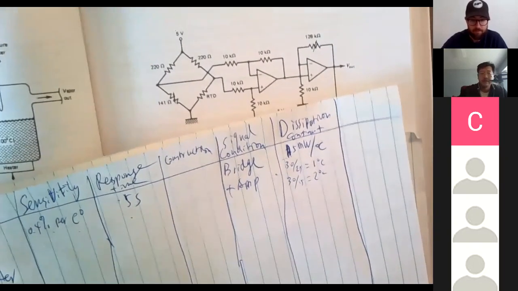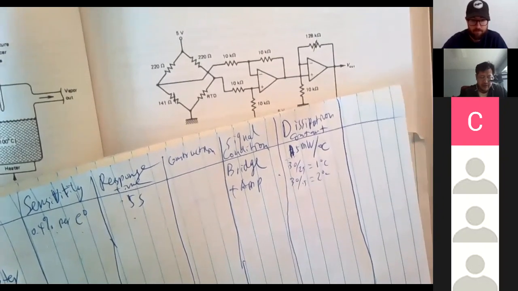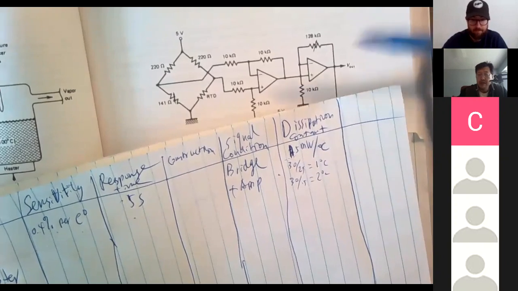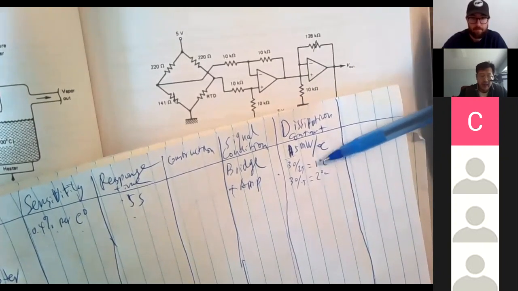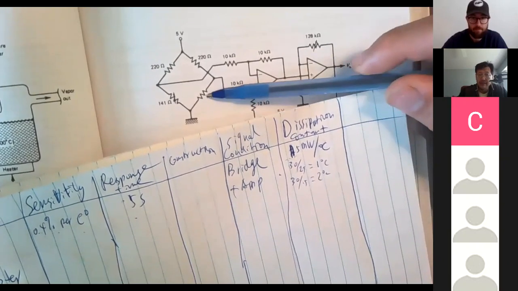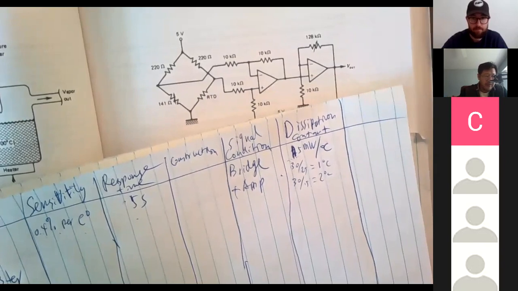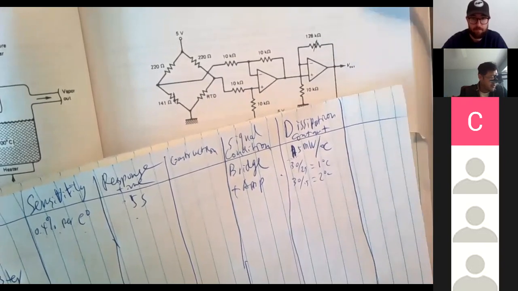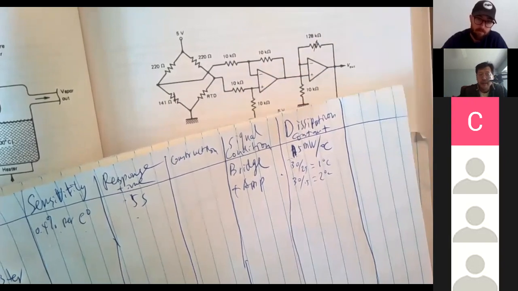So let's say you buy 2 separate sensors. The first sensor, room temperature is 20 degrees. The first sensor will measure 21 degrees. The second sensor will measure 22 degrees. Why? Because it's self-heating. The sensor will warm up by itself because it's energized, it's powered.